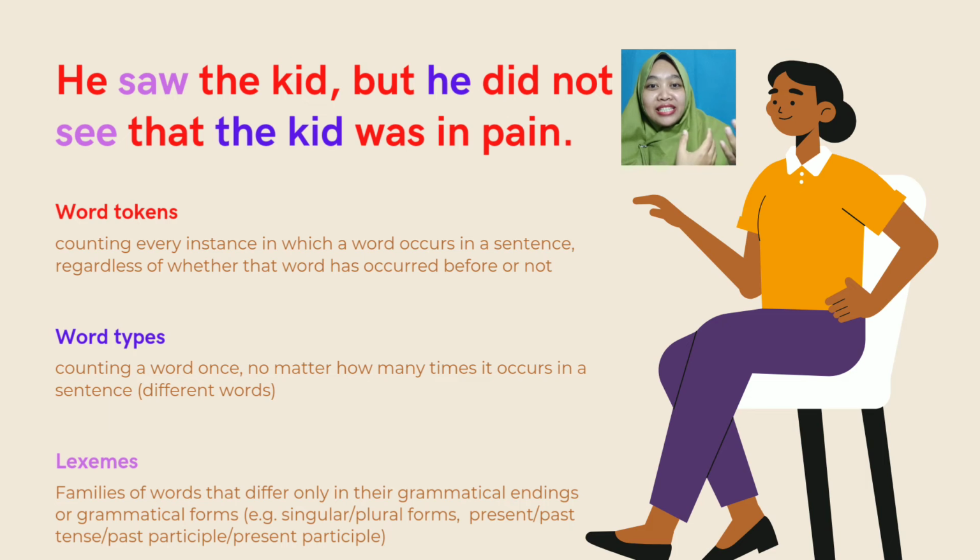Because the words see and saw come from the same family, that is the lexeme see. So now let's count the word lexemes in the example again. He saw the kid, but he did not see that the kid was in pain.